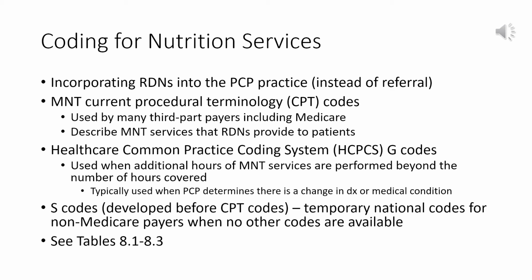There's also S codes, and these were developed before CPT codes existed, and they're used in a temporary fashion for non-Medicare payers, and they're used when no other codes are really available to describe that billing situation. So again, you can refer to tables 8.1 through 8.3 to see a list of these codes that are specific to nutrition services.